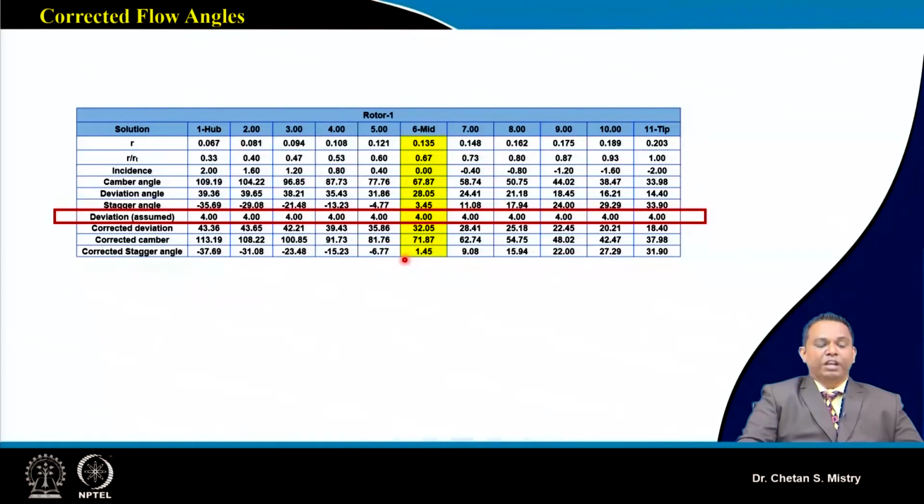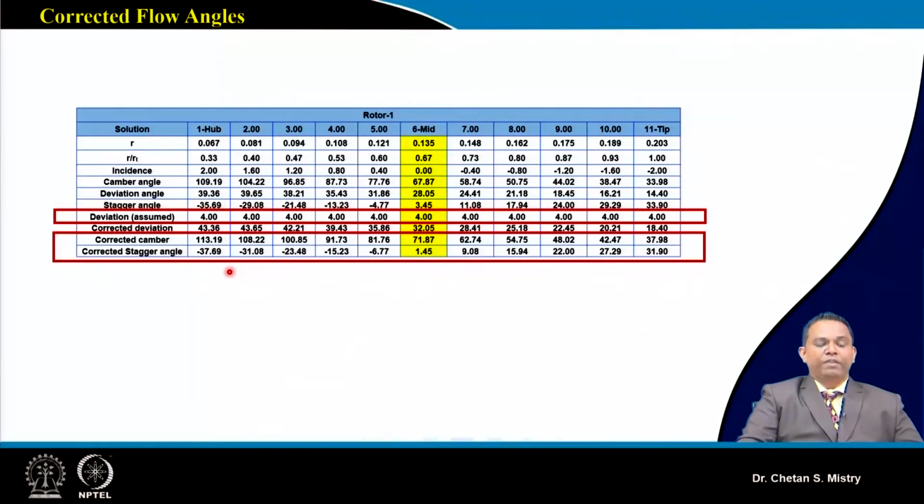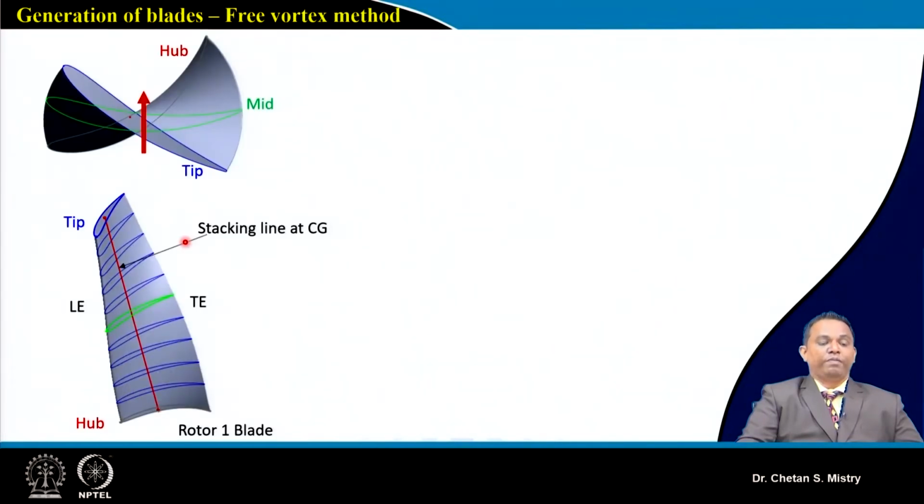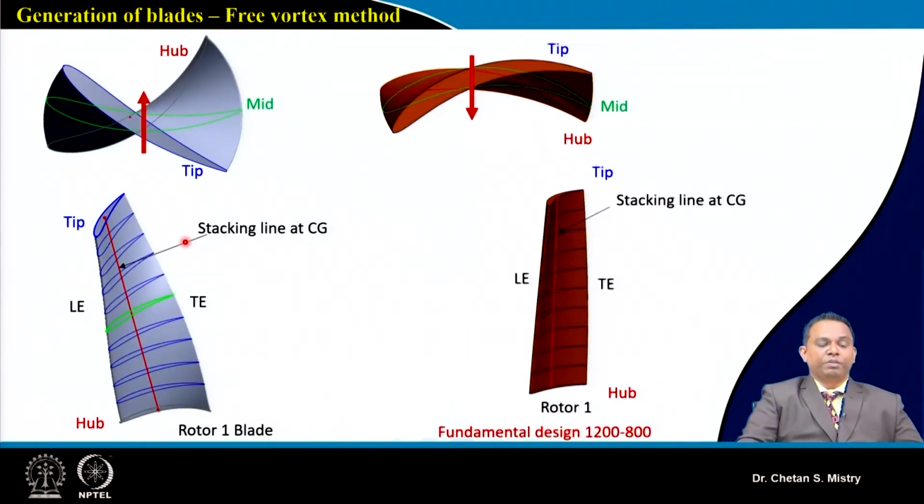If we assume that, accordingly we will have corrected camber and corrected stagger. And as we discussed, this corrected camber and corrected stagger angle is what will be used for making the blades.